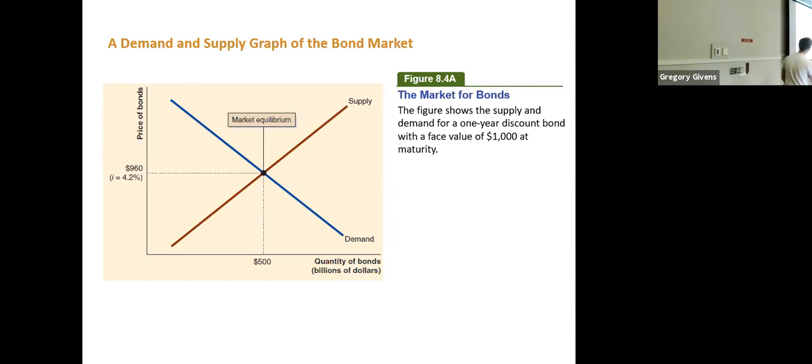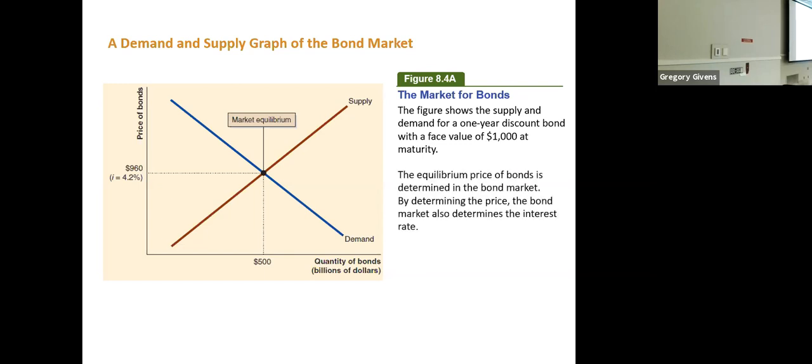So in a perfectly competitive financial market here, the price of this bond should adjust to exactly balance supply and demand. That's what we would see in the market. And according to this graph, it occurs at a price of $960, all right?